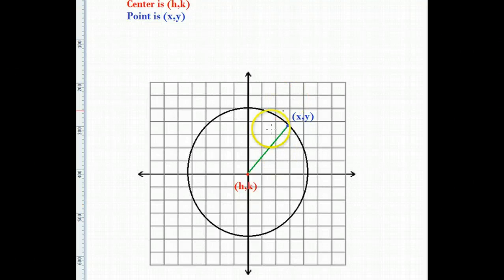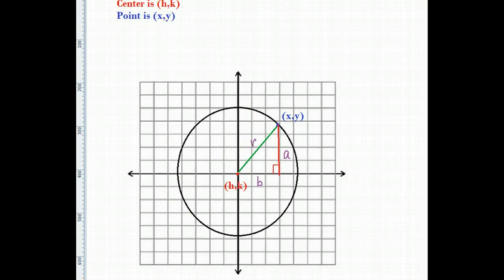So so far we just have a line. Next, we're going to drop a line from x, y to the x-axis, make a right angle there, and now we have a right triangle. I'm curious whether you're going to guess how we get to our formula for a circle, because here's the radius, and you remember the equation for a circle ended in radius squared.